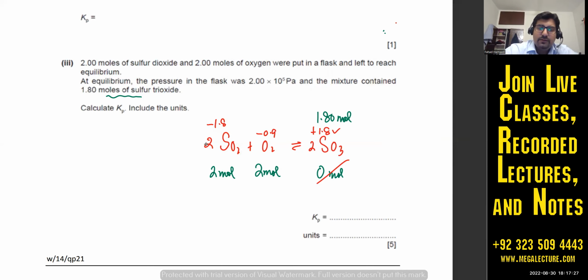So your equilibrium moles over here will be 0.2. Because 2 moles there, 1.8 are gone. So that you're left with 0.2. 2 moles there, 0.9 are gone. So that you're left with 1.1 moles. ठीक है, तो उससे कहे कि ये start था, this is your initial.